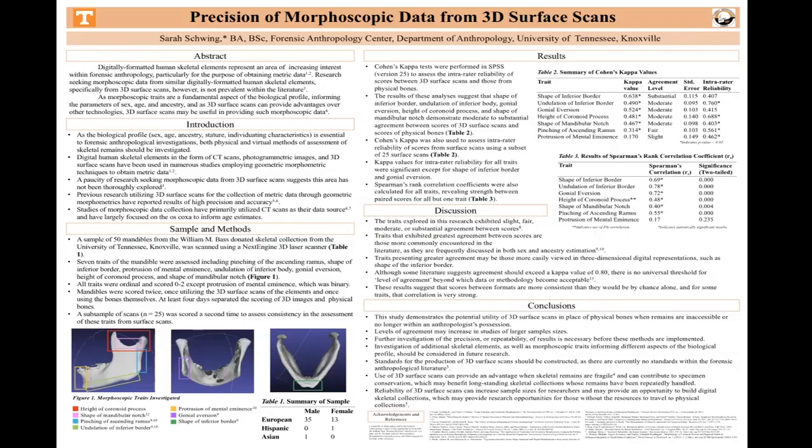And interestingly, the results that I saw for this second Cohen's kappa test were a little bit different than what I saw for the first. Shape of the inferior border and gonial eversion were the 2 traits that exhibited the greatest agreement in that first Cohen's kappa test. But these were the 2 traits that exhibited the least agreement for this test of intra-rater reliability, just between my scores of virtual mandibles. So that was an interesting finding.